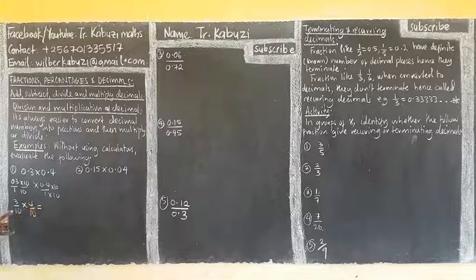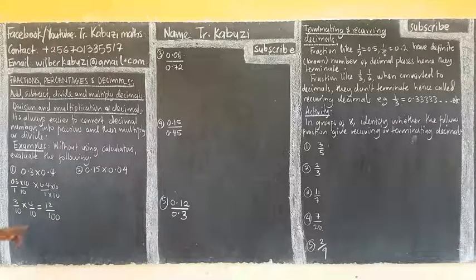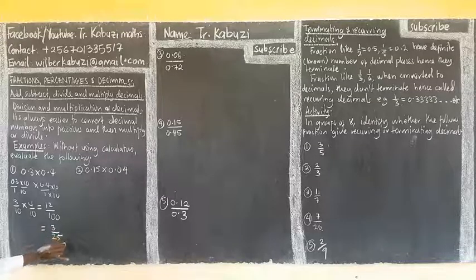And then multiply here: 3 times 4, we get 12, 10 times 10, we get 100. Which number divides these two? We have 4. 4 divides the top, we get 3, and 4 divides the bottom, we get 25. And then that is going to be your answer.